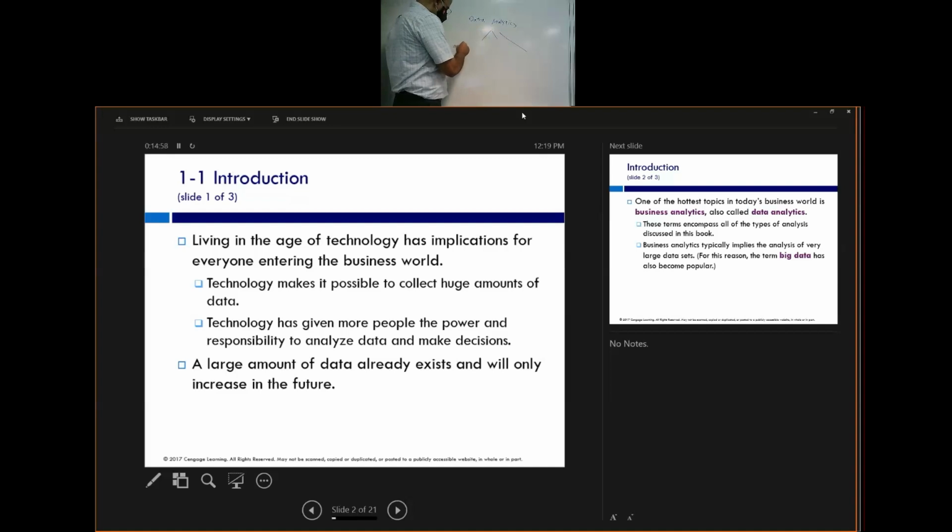First is management models, and we have statistical methods. Both of these tools or techniques have been in use for over 80 years. So data analytics is not necessarily a new thing.